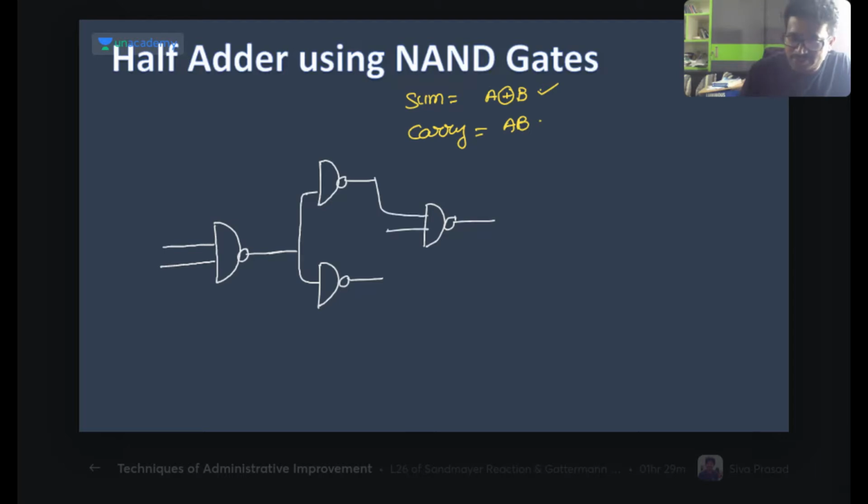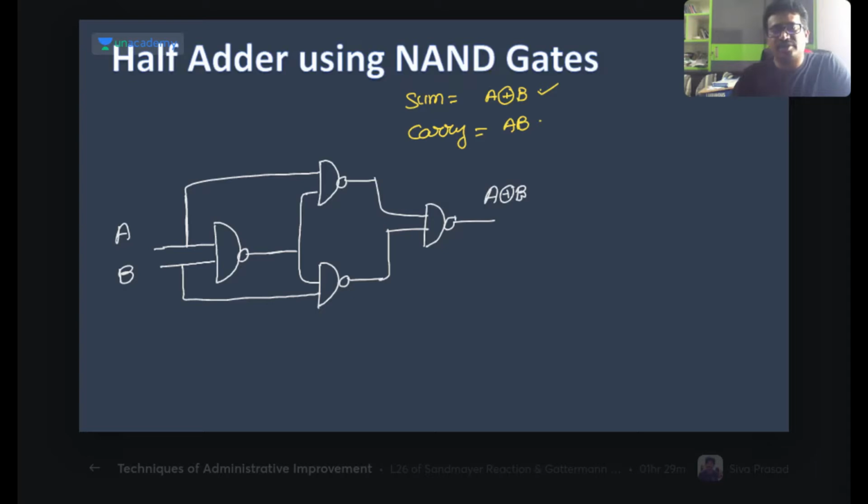This is the diamond symbol you can call. So here we will get A XOR B, and this is nothing but the sum. Sum only. Now we need the carry.